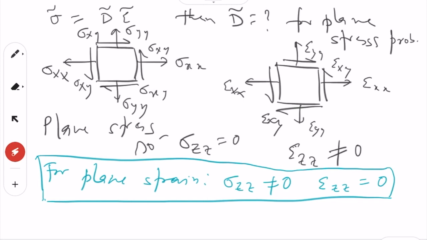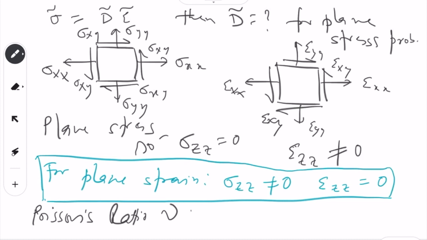Poisson's ratio, nu, is equal to minus the strain in the lateral direction to the strain in the axial direction. L for lateral, A for axial.